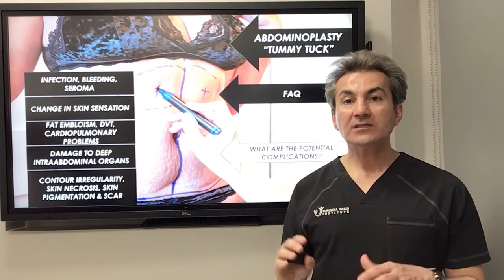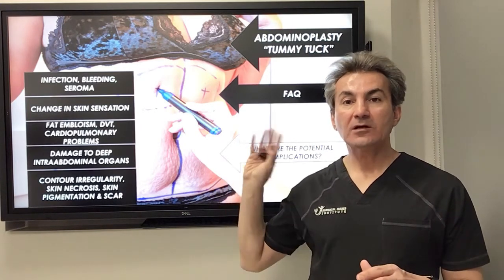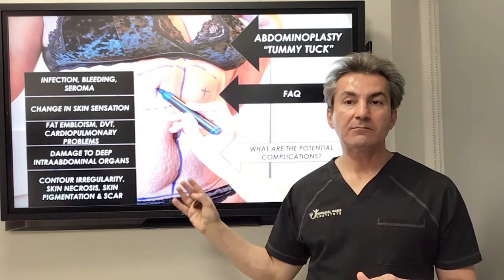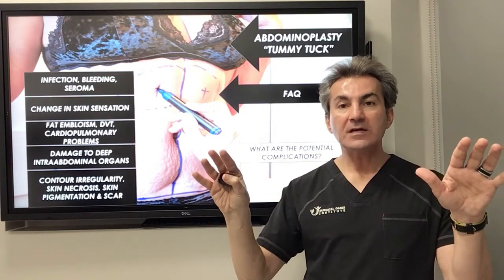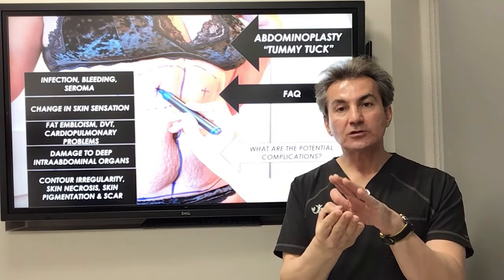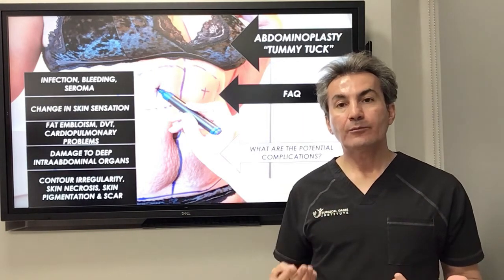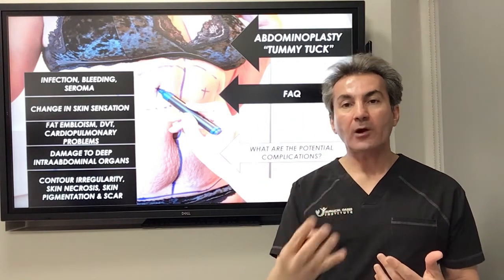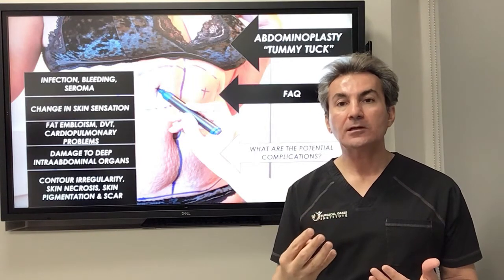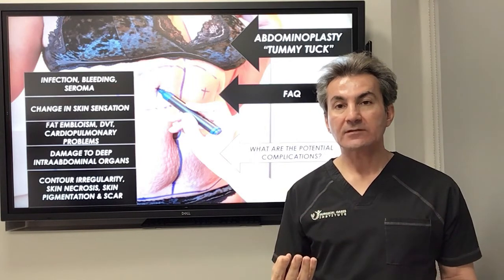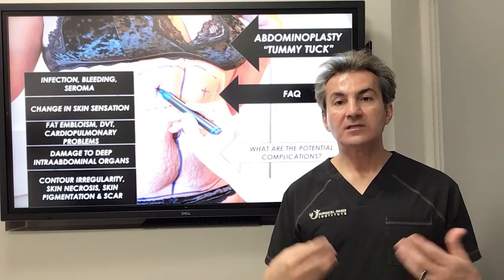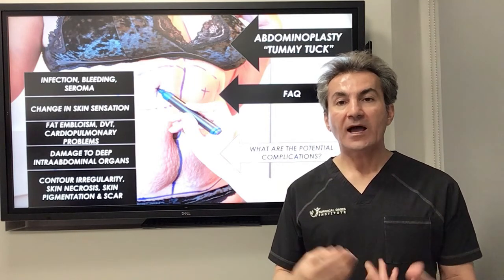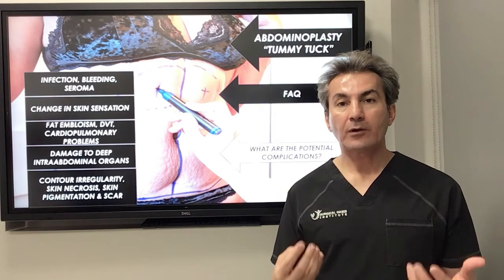Now, because we create a significant amount of space between the skin and muscle, there's a significant amount of free space between these two structures, and we place special sutures to approximate these two structures together at the end of the surgery, or place a drain to make sure that we suck out extra fluid after the surgery so they don't develop problems.